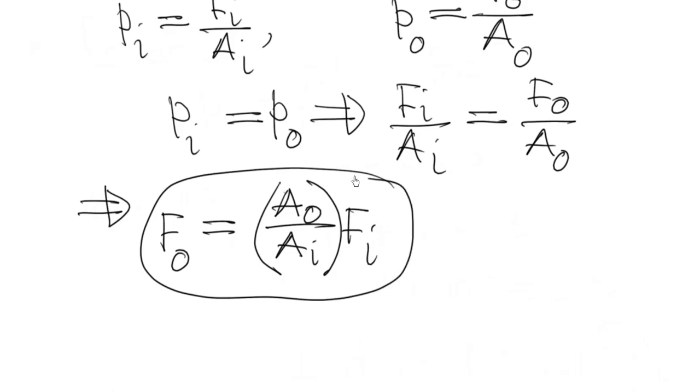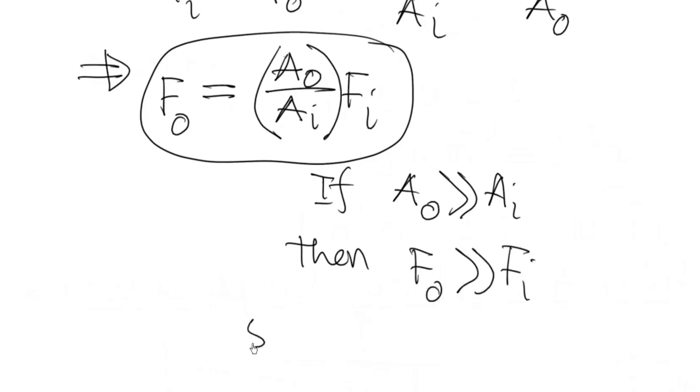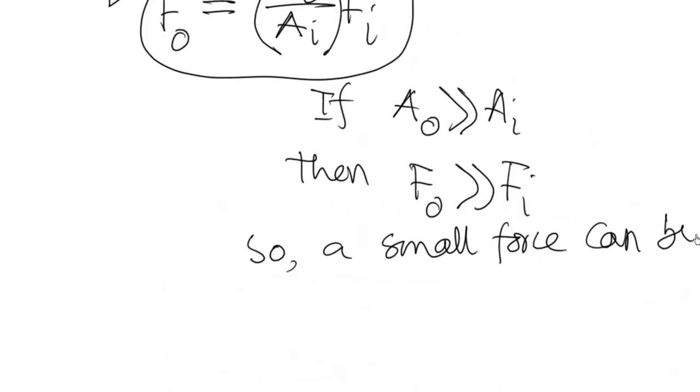Now from this relation you see if A naught is larger than Ai, then we see F naught will be much greater than Fi. So a small force can be magnified.